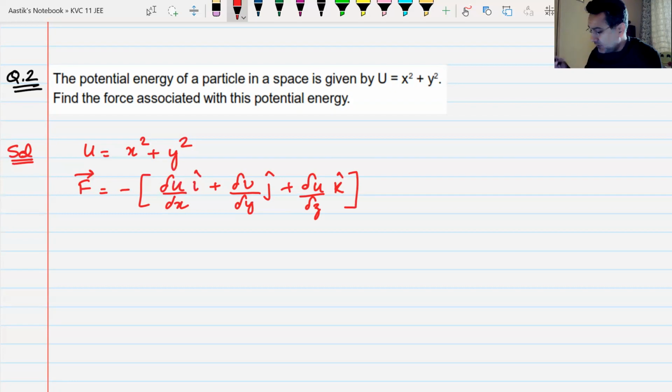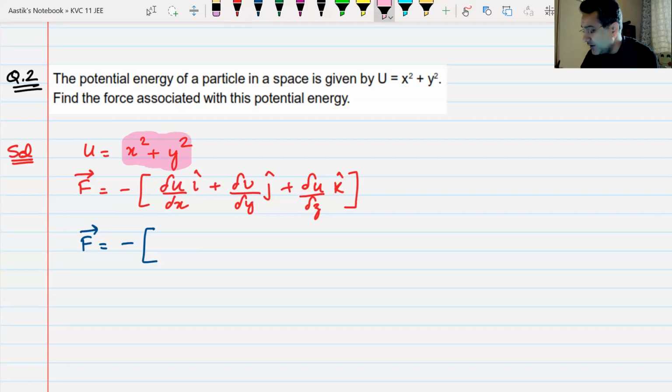Now remember, there is no k factor here, so you will not get k there. The only thing that you are going to get will be between i and j. So I take the minus out. Del U by del x. You have to find out the partial derivative of this with respect to x.